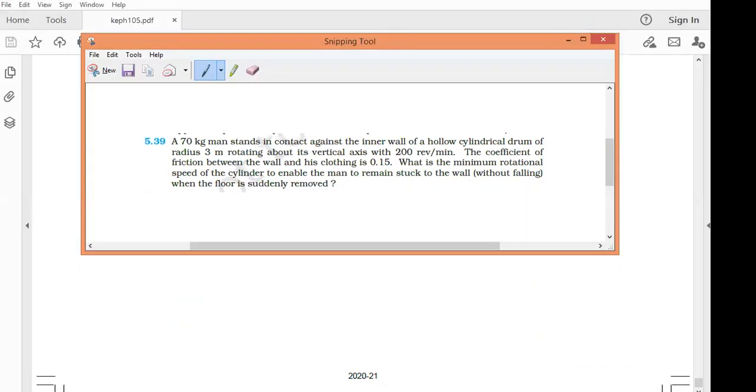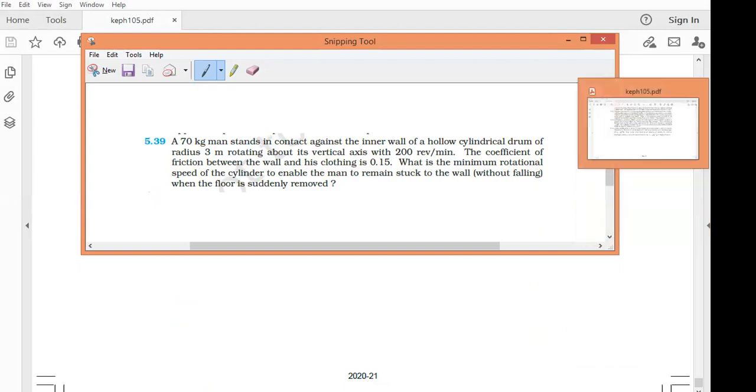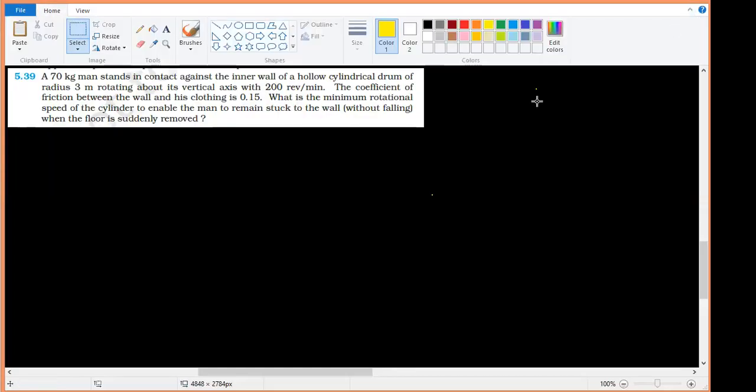Okay, we talked about this cylindrical drum situation. So I showed you the theory concepts, the roundabout ride. So let's talk about that quickly. A 70 kg man stands in contact against the inner wall of a hollow cylindrical drum.